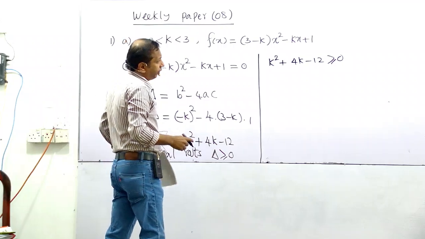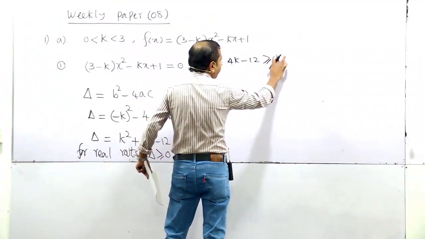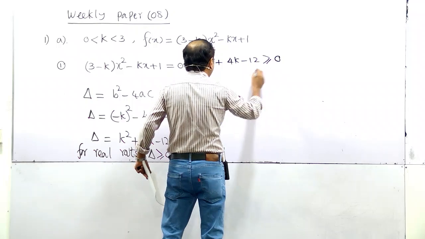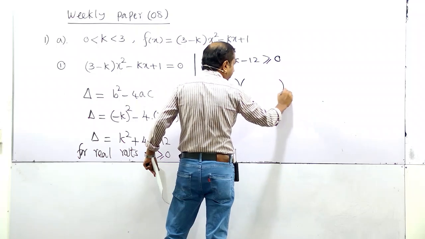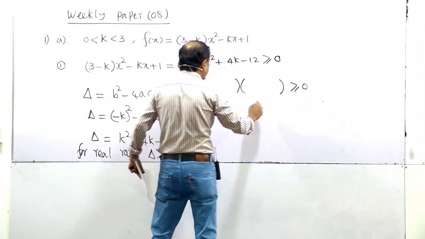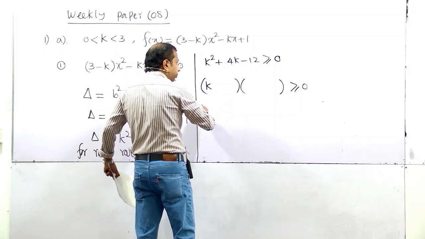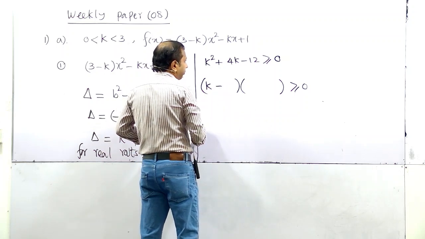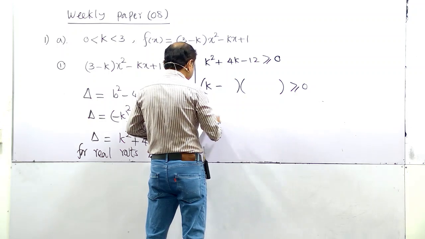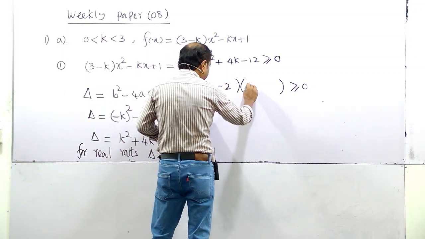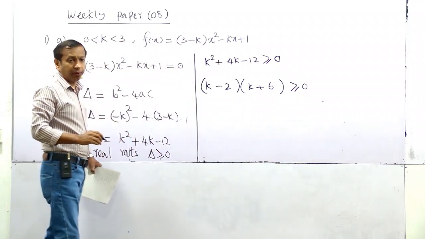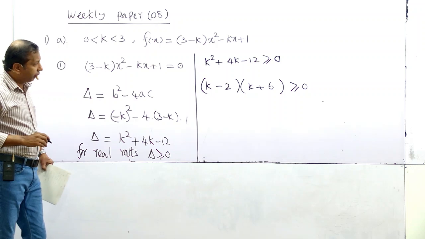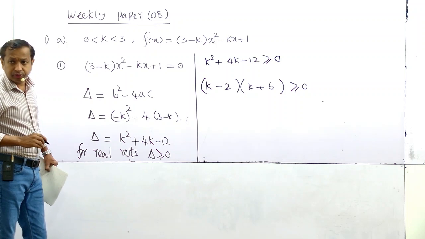You can now factorize this. What are the factors? It's (k minus 2) and (k plus 6). You know how to find the range of k for this inequality. What is the method?